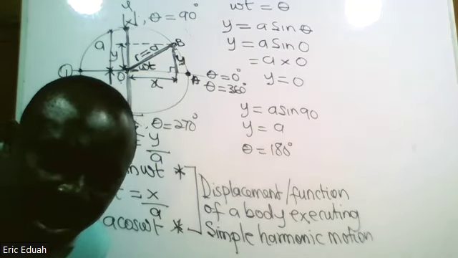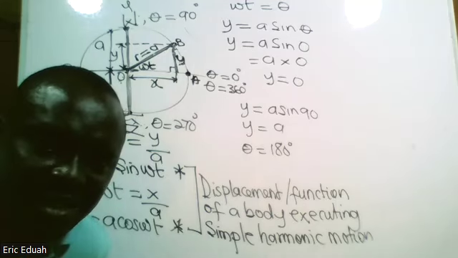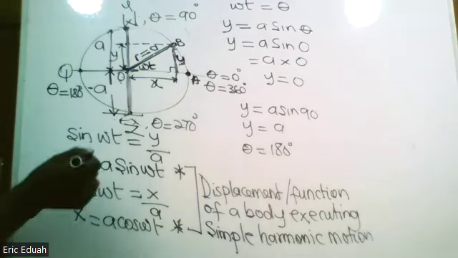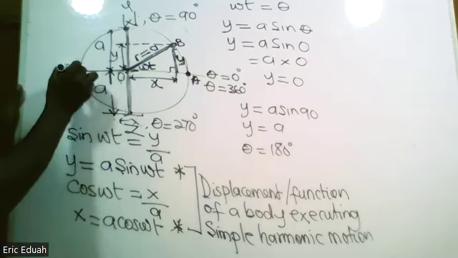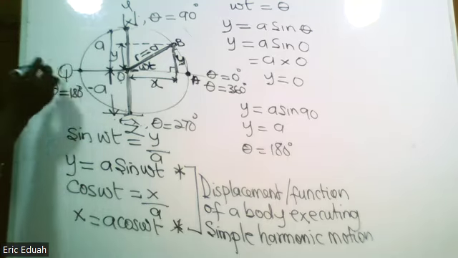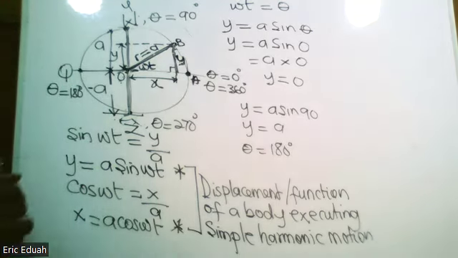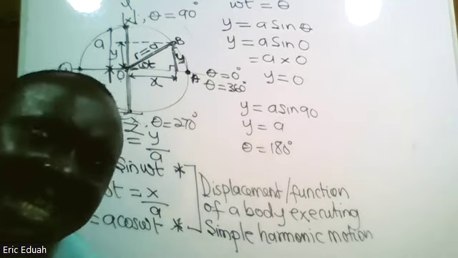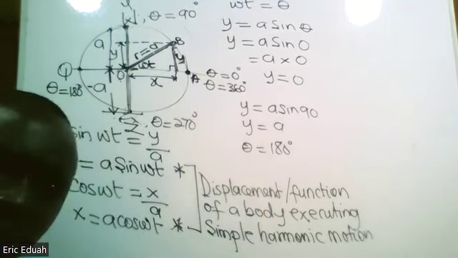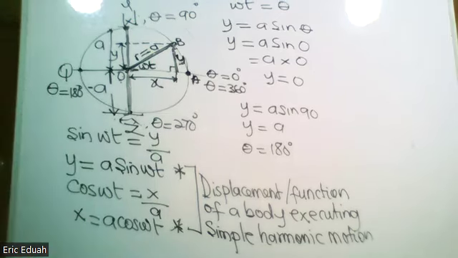I don't get why at 180 the displacement is 0. Okay, Charlotte, you have moved from here to this point. What did I say about displacement? When we talk about displacement, it is the distance of the body from the mean point.